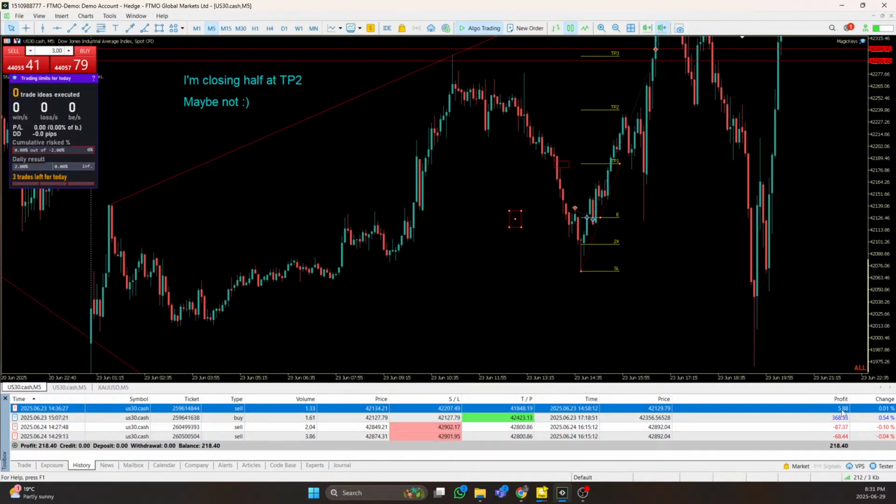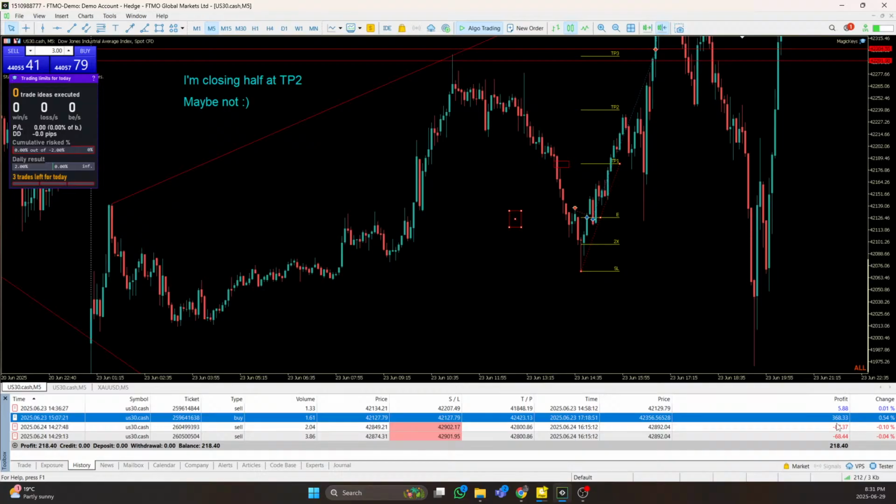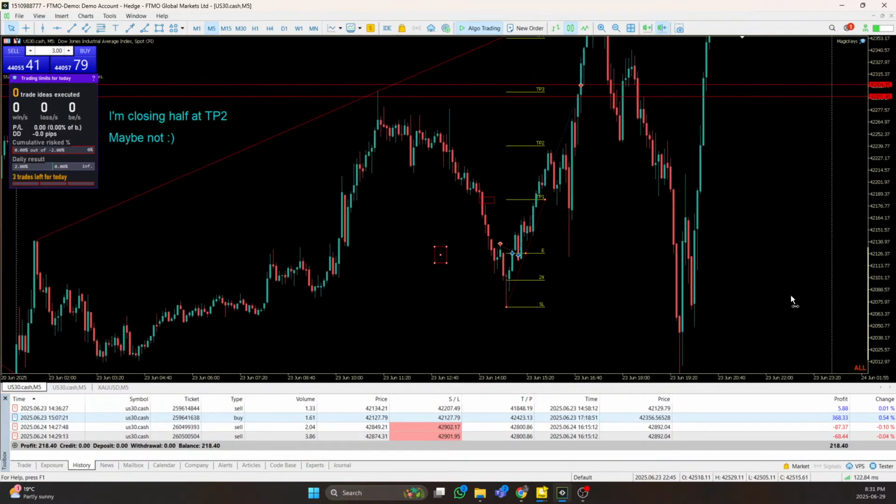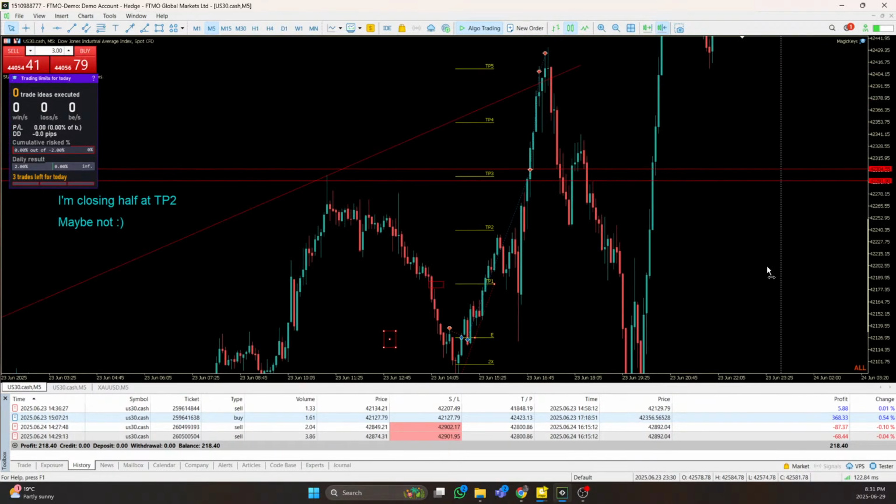One I closed here with $5. The other one 368. It's much more than TP3. I don't know why. Anyways, it's 3.6% of the account. That was the day, and I called it a day.